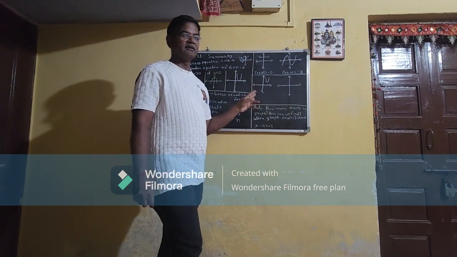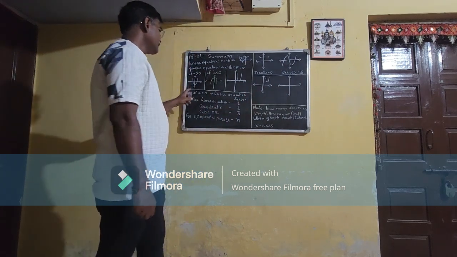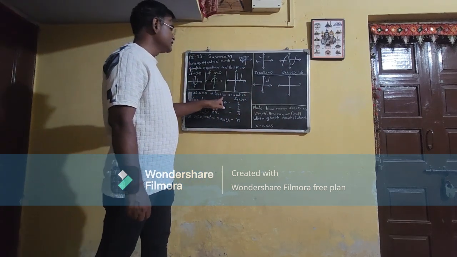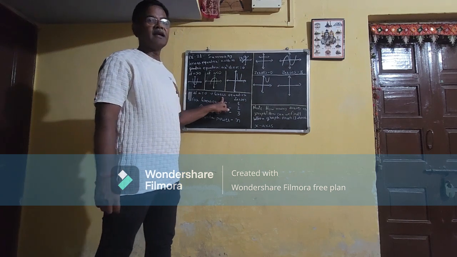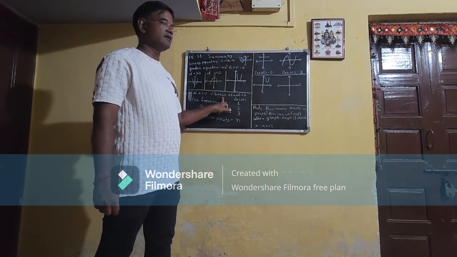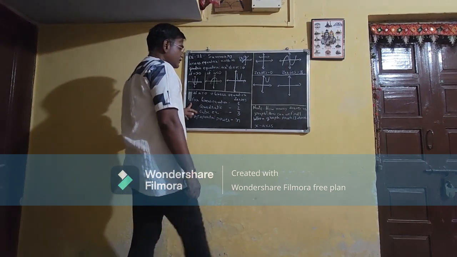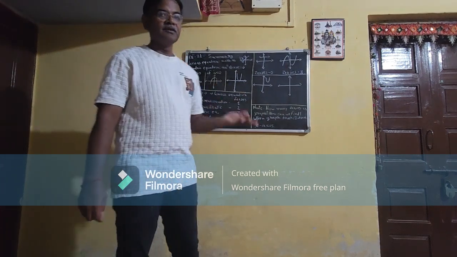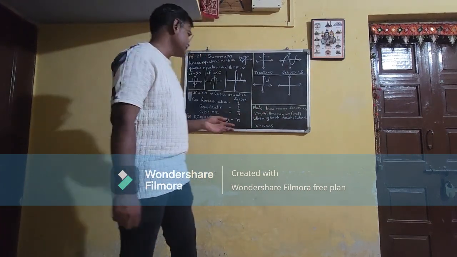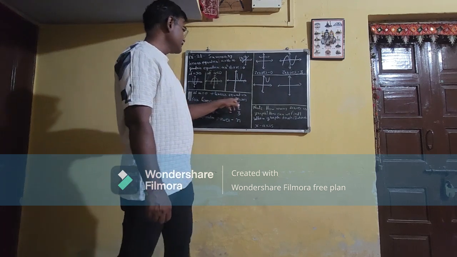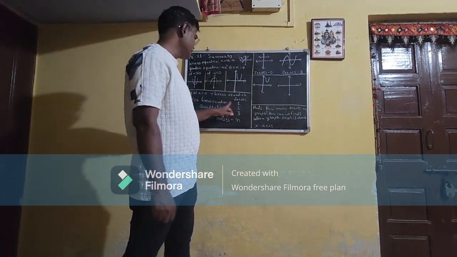If a is equal to 0, the quadratic equation becomes a linear equation. So please note this. If a is equal to 0, we get a linear equation only, not a quadratic equation. Now, how many zeros do we get in a linear equation? For a linear equation, we get 1 zero.